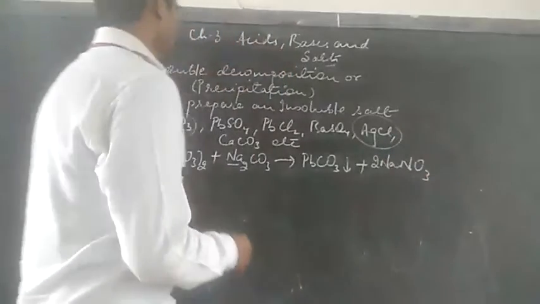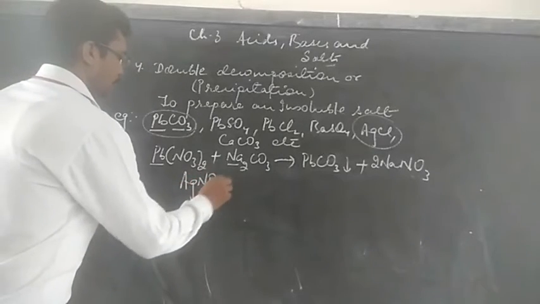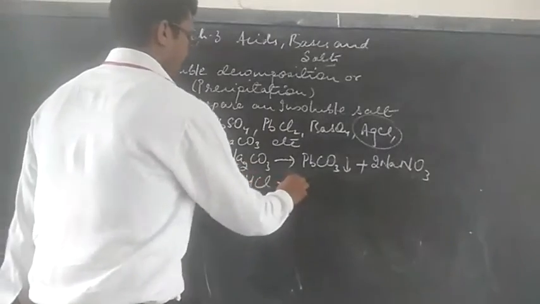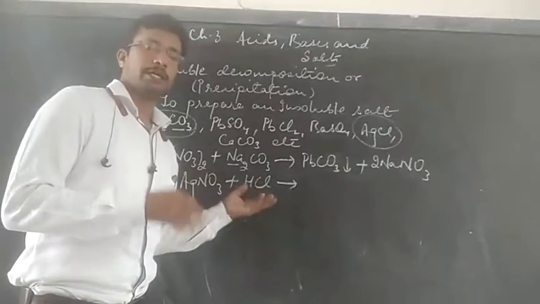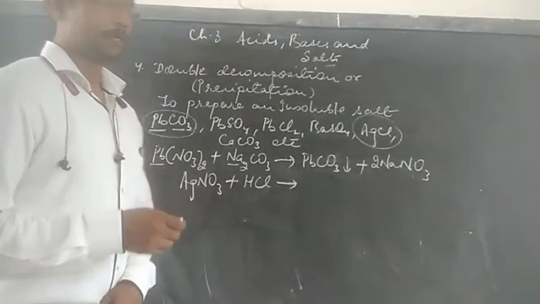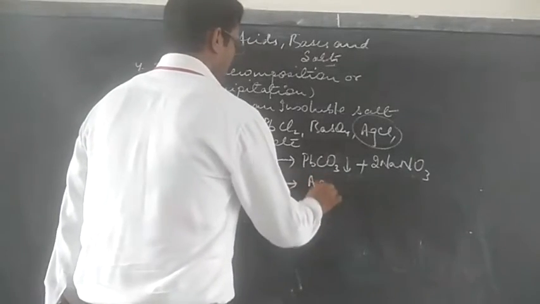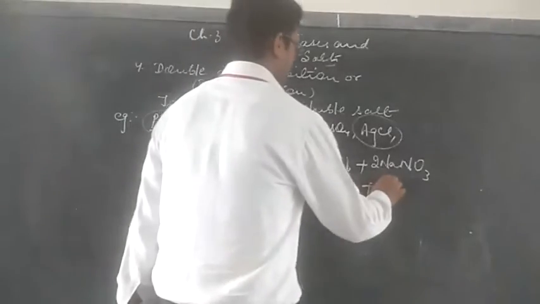So we can have silver nitrate and an acid containing chloride, which will be HCl. Otherwise, you can also take another soluble salt containing chloride, and the reaction between these two will give silver chloride plus HNO3.